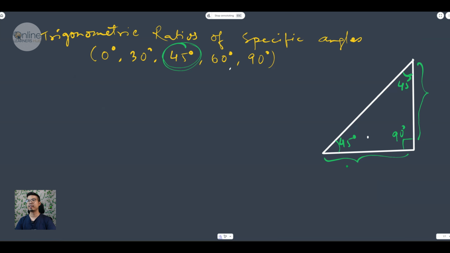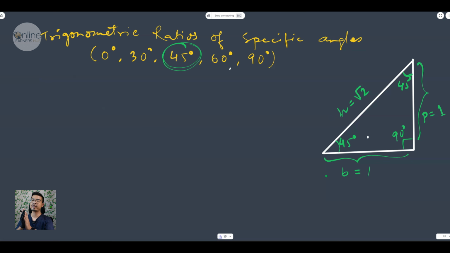For 45 degree, what you have to remember is the base. Base is always 1. And perpendicular is also always, tell me what will be the value. If base becomes 1, what will be the value of perpendicular? Since they are equal in length, it will be 1 as well, right? So when this is 1 and this is 1, according to the Pythagoras theorem, the hypotenuse will become root 2. Great. So this is what you have to remember. This figure you have to remember.